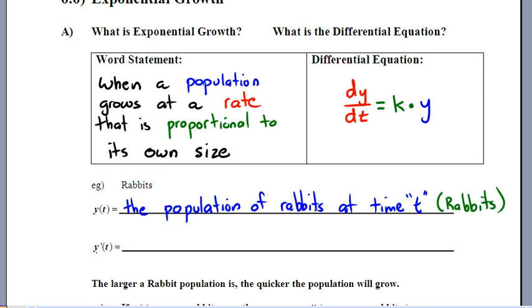The derivative, y prime, that dy dt, is going to talk about how fast your population of rabbits is growing. So this is going to be the growth rate, and that would be measured in rabbits per some sort of time. I'm going to go rabbits per year.